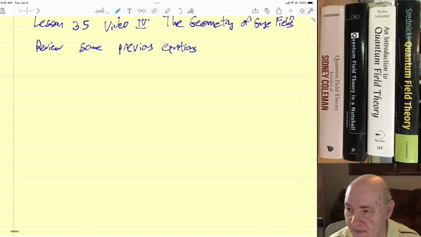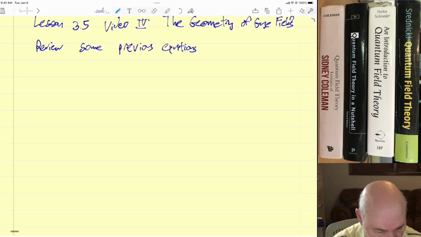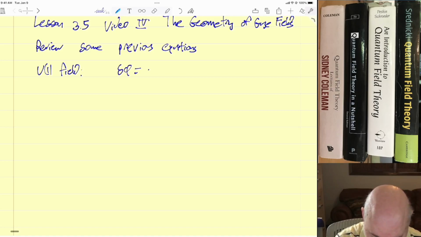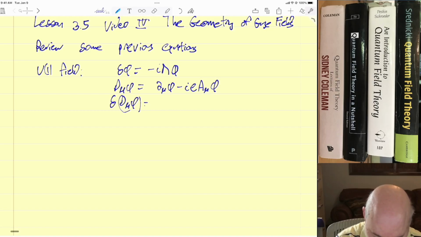And so most of these equations were in the previous video, and we worked on a U1 non-abelian field, and we had things like del phi equal minus i lambda phi, D mu phi equal to the partial of mu phi minus i e A mu phi, and then del D mu phi is equal to minus i lambda D mu phi.